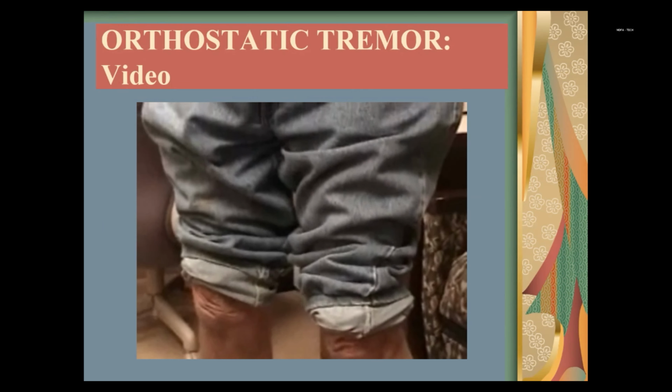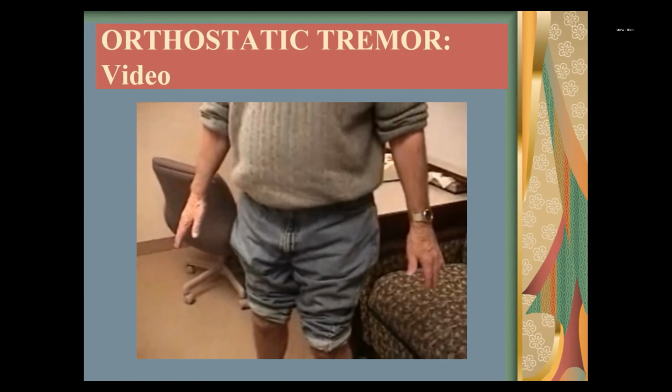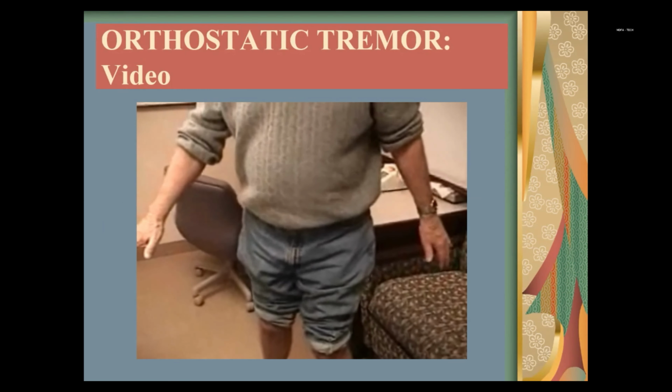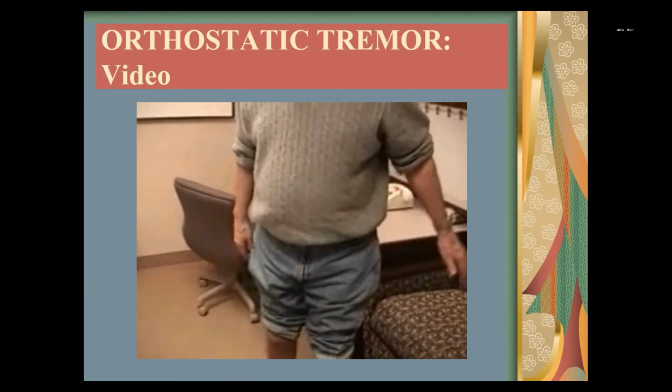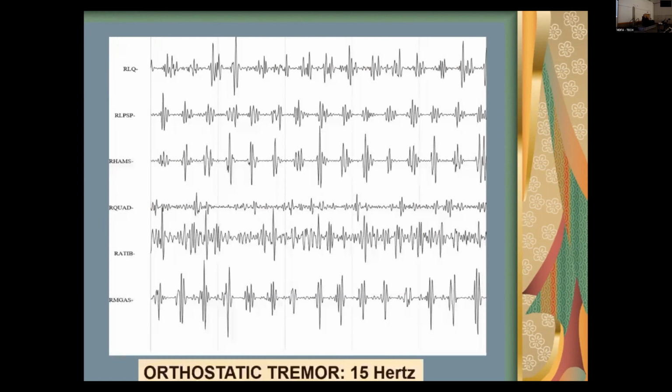So whenever I do that, and I see this kind of tremor, and I measure it, and it measures 13 hertz or more, I diagnose the patient with orthostatic tremor. And this causes imbalance or difficulty standing in place. And if I measure this, if this is a 1 second spread, and these are the extremity muscles, this is about 15 hertz right there. It's 15 hertz.